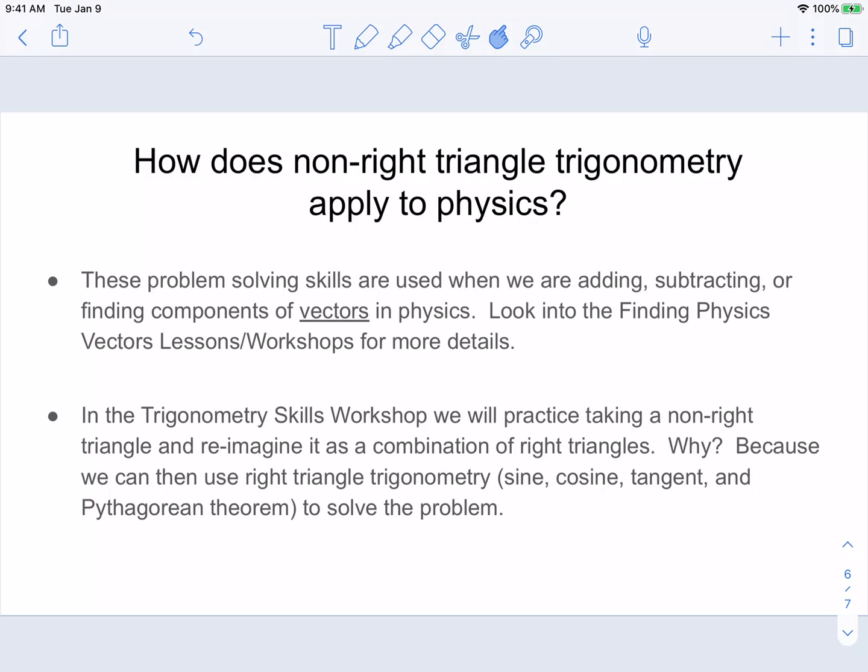For this non-right triangle trig, we are going to take non-right triangles and other shapes and reimagine them as a combination of right triangles, so we could then use our right triangle trig to solve for whatever we need to solve for. Again, I know it may sound confusing at this point, folks. I apologize. I'm trying to break it down into small pieces so that it's manageable for you as you progress through your physics class.